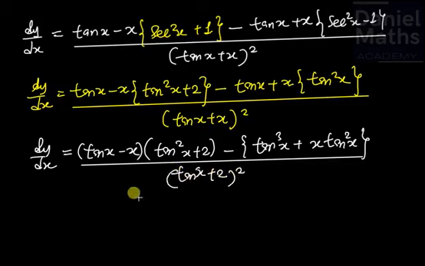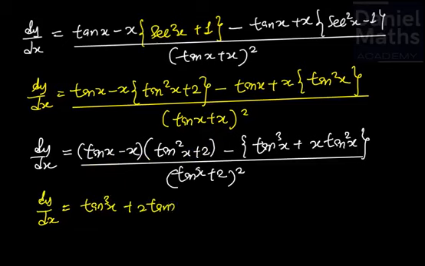All right, so if I go further from here, dy over dx is equal to, I'm going to expand this. So tan x times tan square x will give me tan cube x, and then tan x times plus 2 will give me plus 2 tan x.